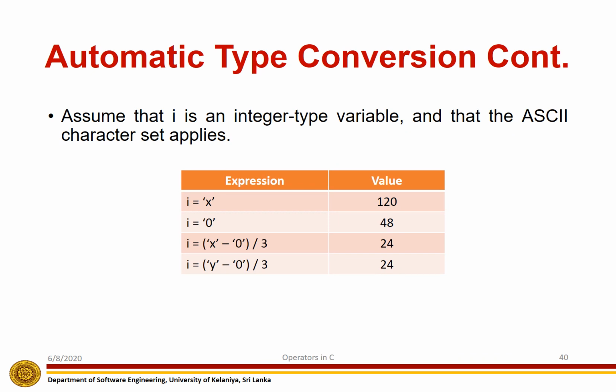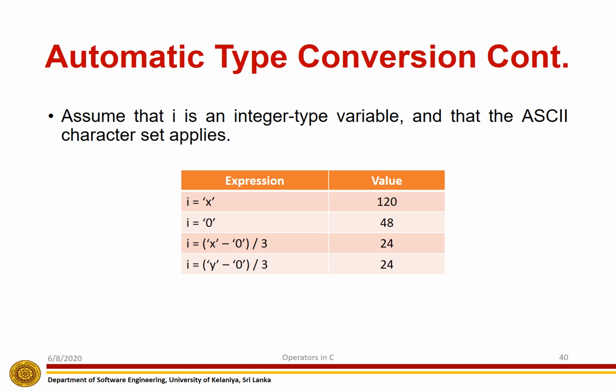Now look at this example. Assume that i is an integer type variable, and we will see how it works with character type variables. The first one is i = 'x'. i is an integer type and x is a character type. So the ASCII value of the character x, 120, will be assigned to i. So the int value i = 120. Then the second one, i = '0'.